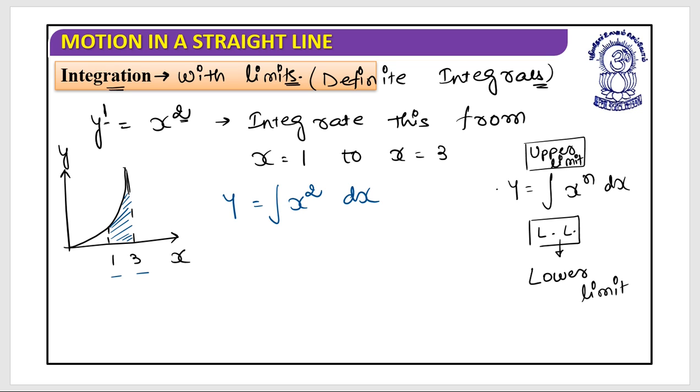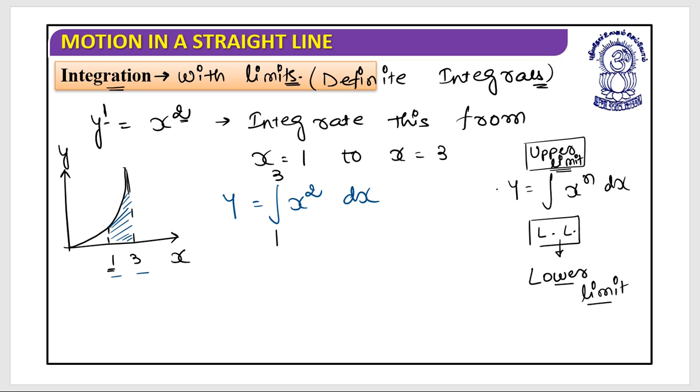The lower limit tells me from where I should begin my integration. So I am going to integrate from 1, so this should be here. And the upper limit tells me up to which location or parameter I need to integrate this function. In my case, it is 3.